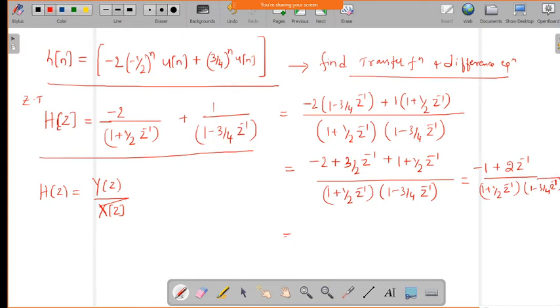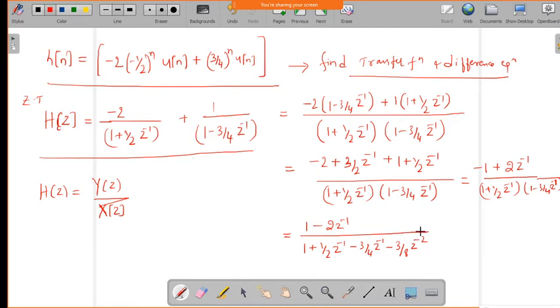Now multiply these two again. So you will get 1 minus 2 z inverse divided by 1 plus half into z inverse minus 3 by 4 into z inverse minus 3 by 8 into z power minus 2.